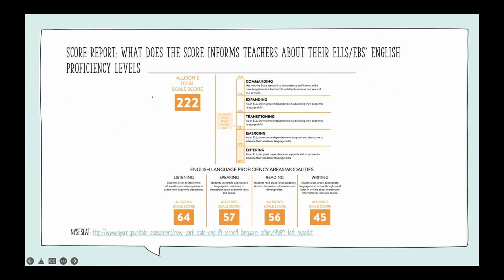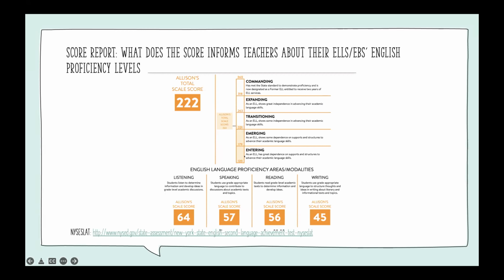Definitely, as what I mentioned, there is another research field focused on English language learners' English language proficiency. So we can use the students' test scores as resources to inform us of their language level. For example, they could be entering, emerging, transitioning, expanding, or commanding.